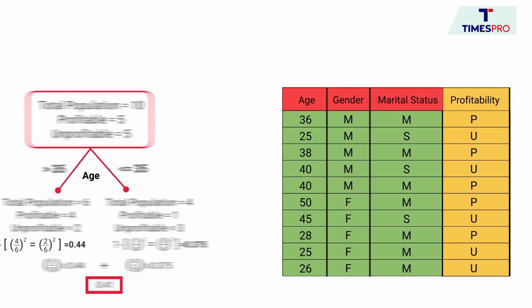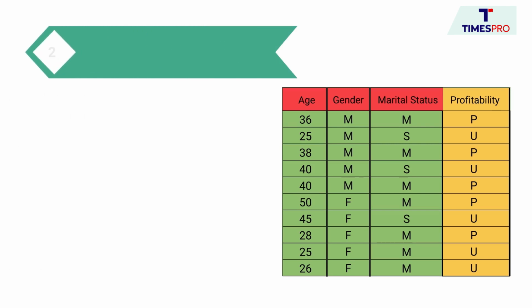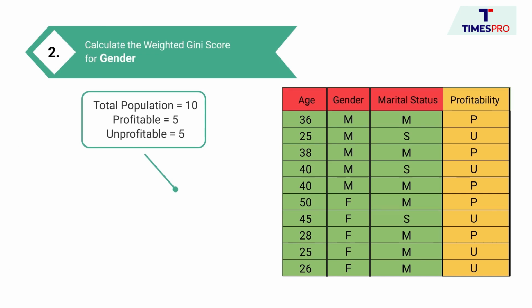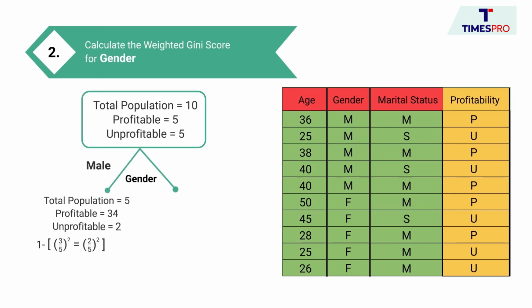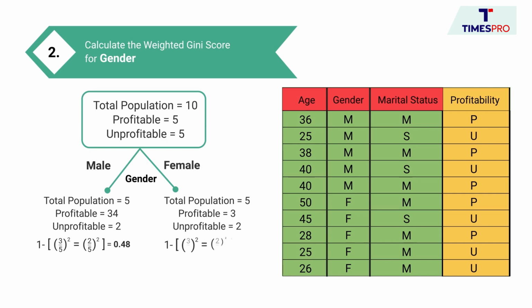Computing the weighted Gini score, the weighted Gini score for age is going to be 0.41. Likewise, we are going to calculate a weighted Gini score for gender, where the Gini score for male is going to be 0.48 and for female is going to be 0.48, and the weighted Gini score is 0.48 for gender.